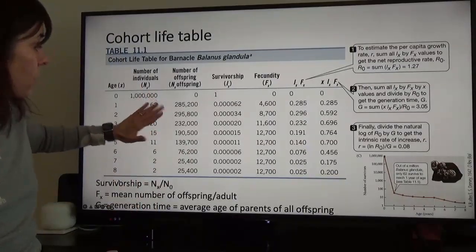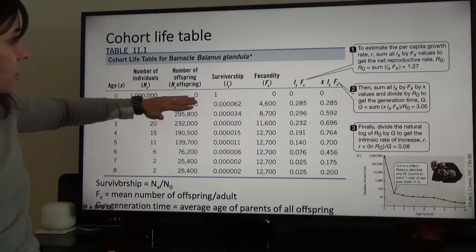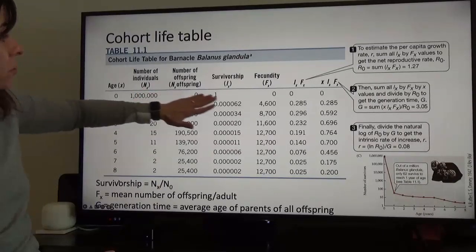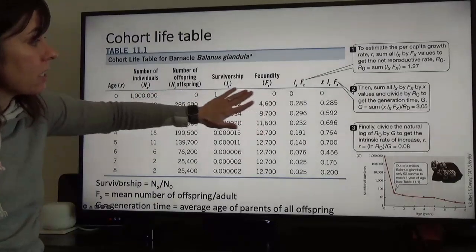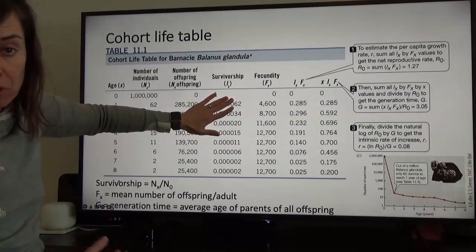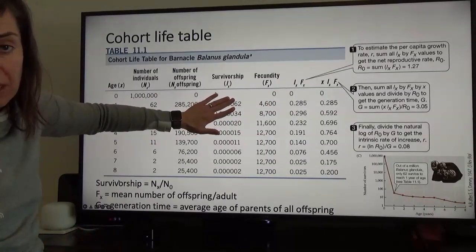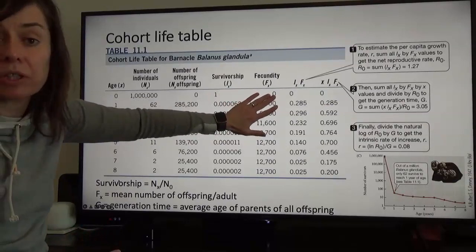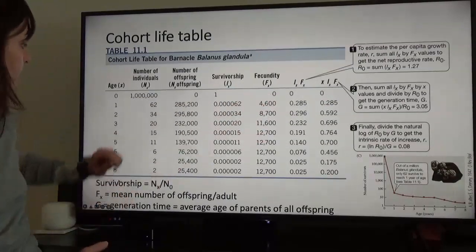Okay, so this information that we have in these columns gives us a lot of information both about survivorship and about fecundity. So survivorship being the proportion of the population that survives from one time period to the next, fecundity being about their reproductive output, okay?